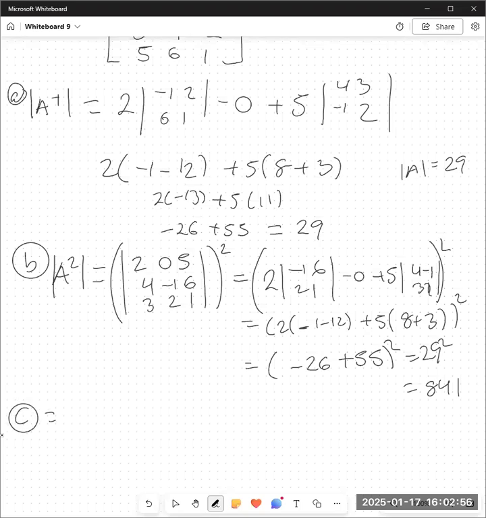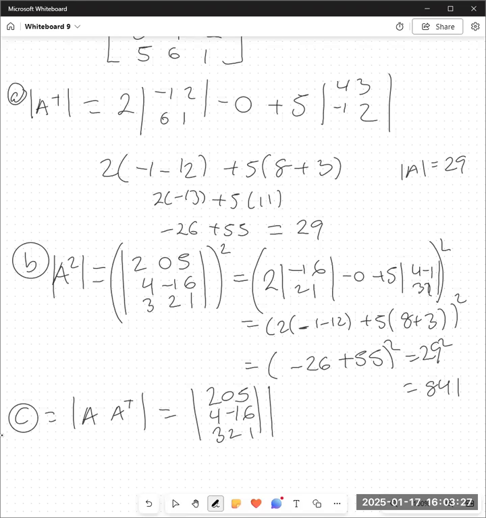So C is equal to the determinant of A times A transpose. The determinant of A was 29.